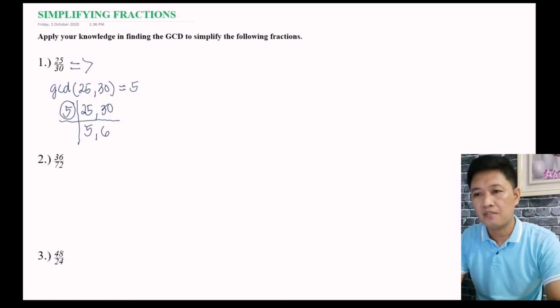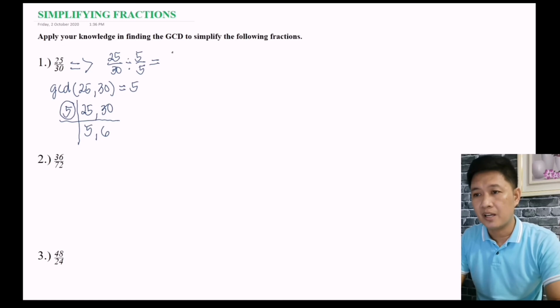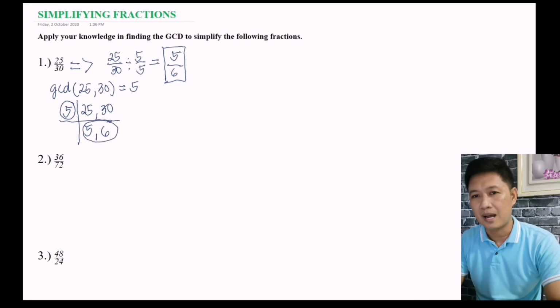So it follows therefore that 25 over 30, para ma-simplify, is we're going to divide by 5 over 5 in each of the terms. So we have 25 divided by 5 is 5 and 30 divided by 5 is 6. So the simplest form of 25 over 30 is, very good, 5 over 6. Yan din yung nakikita natin dito sa baba.